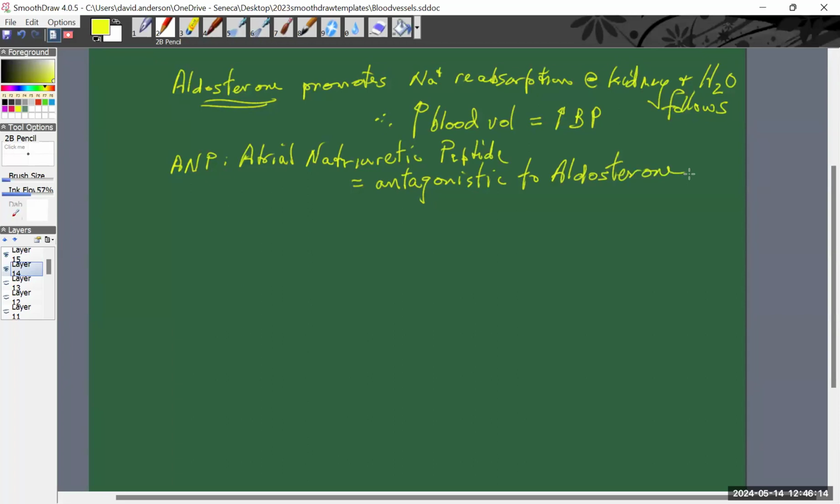So if I tell you it's antagonistic to aldosterone, what does that mean to you? Probably its mechanism of action can lower the blood pressure. But I'm telling you that it's antagonistic to aldosterone. So what does that actually mean? It's opposite. It acts on aldosterone to lower the blood pressure.